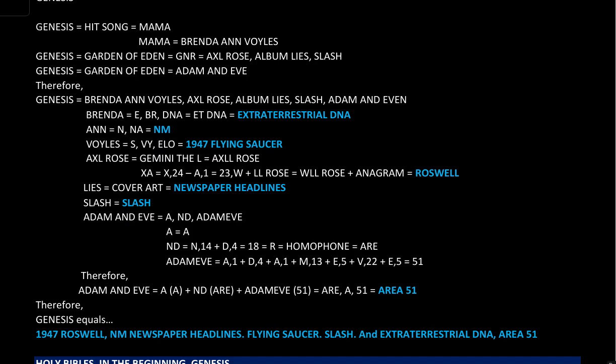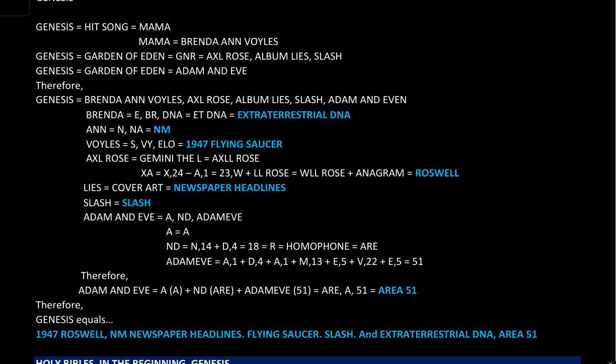The guitar player's name is Slash. Genesis contains the story of Garden of Eden and Adam and Eve. Therefore, Genesis equals Brenda Ann Boyles, Axl Rose, album Lies, Slash, Adam and Eve.